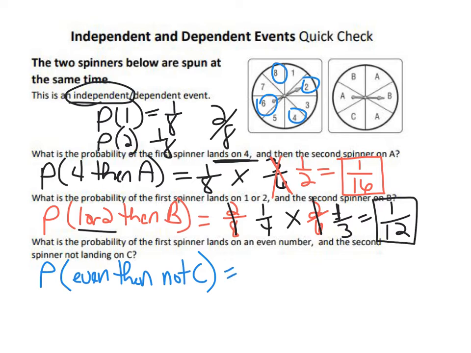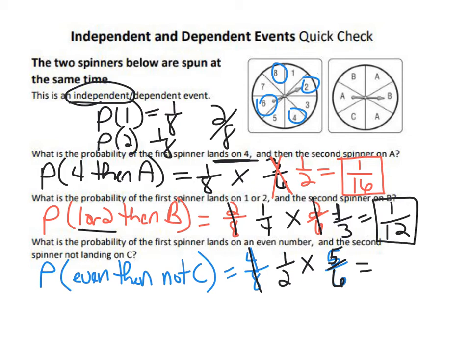So the even numbers is 4 out of 8, which we simplify to 1/2, times not getting a C is 5 out of 6. And in this case, it stays the same, right? So then I'm going to go ahead and multiply those two fractions or ratios.